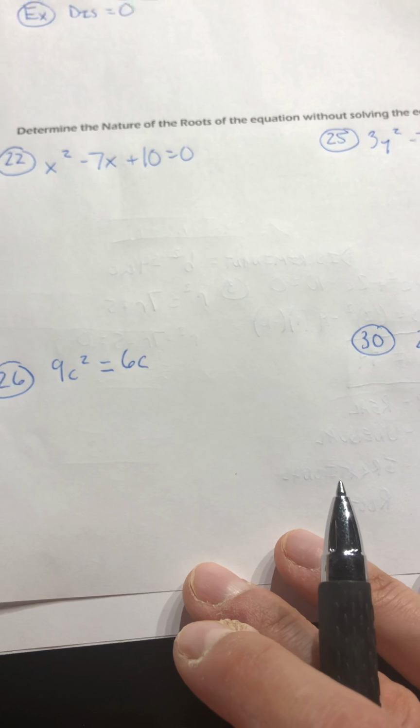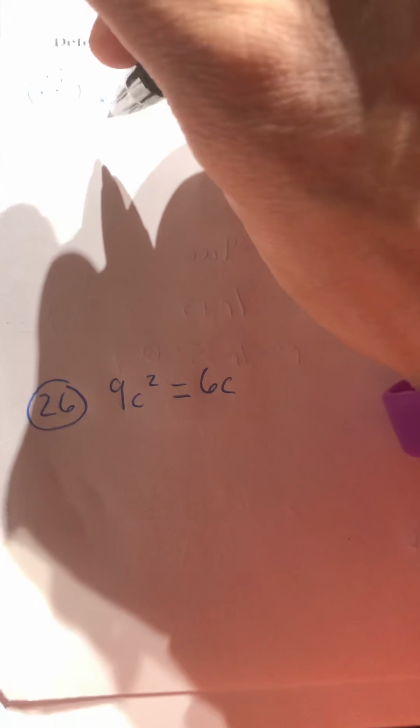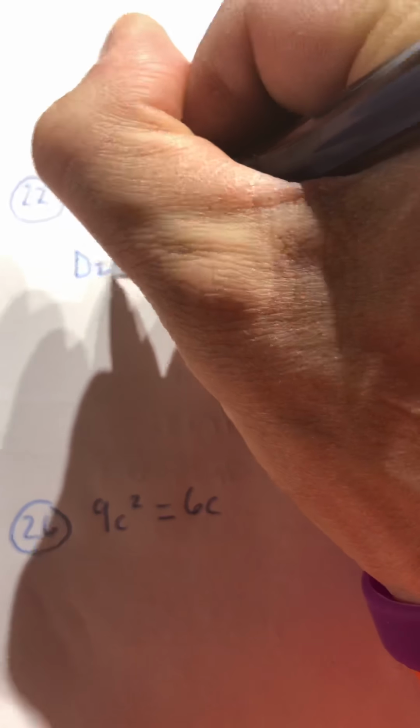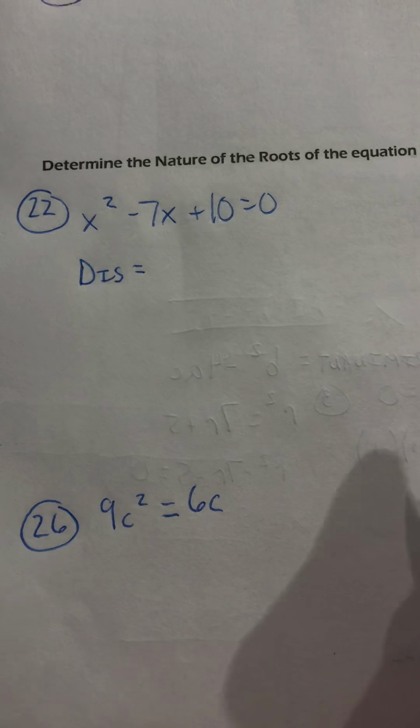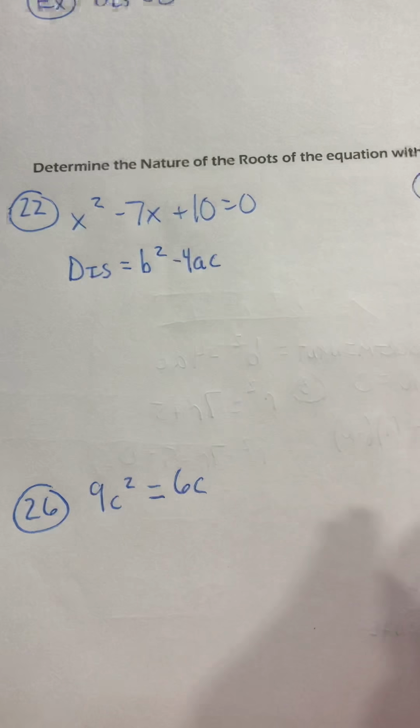First thing we need to do is find our discriminant. Our discriminant, again, is from the quadratic formula. We have b squared minus 4ac.